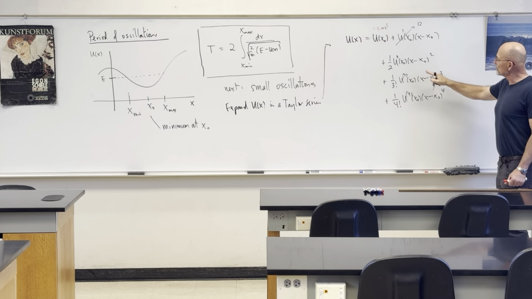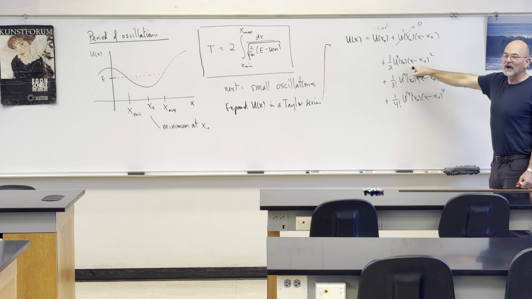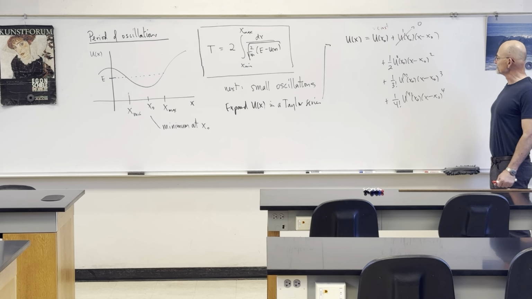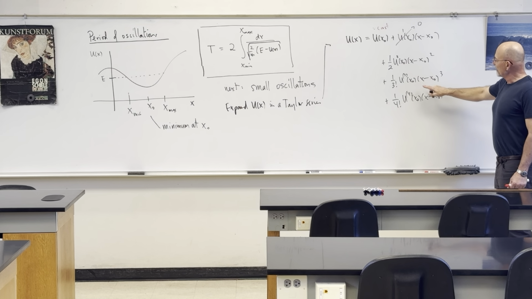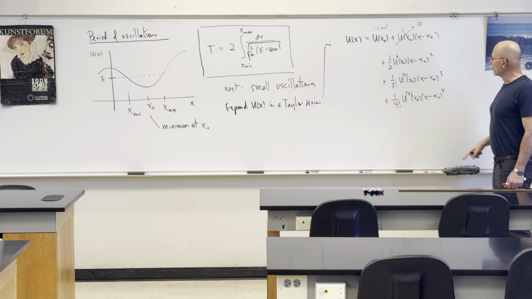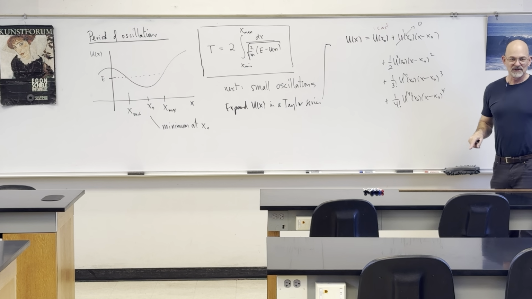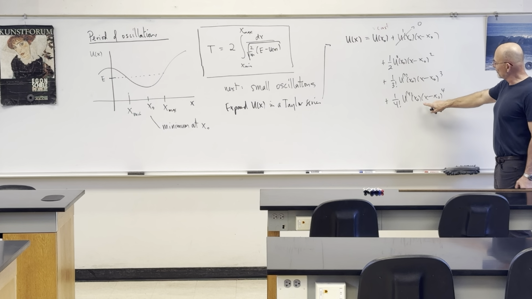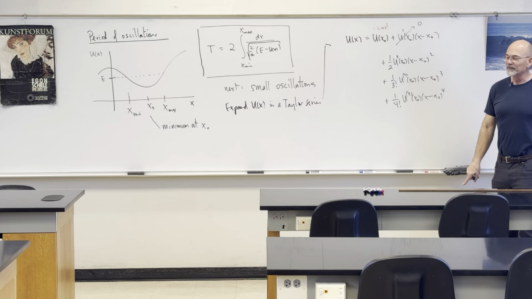So the first non-trivial term in this is the quadratic term. And if we're at a local minimum, the cubic term will probably vanish. Okay? And the next one above that would be the quartic term.